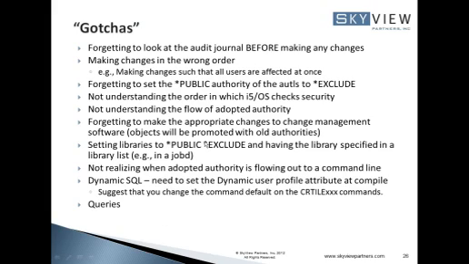Setting authorities to public exclude and having the library specified in a library list. We were one time changing an HR application, and so only like 10 people on the system needed access to it. So we authorized that HR group to the payroll library and set public authority to exclude.